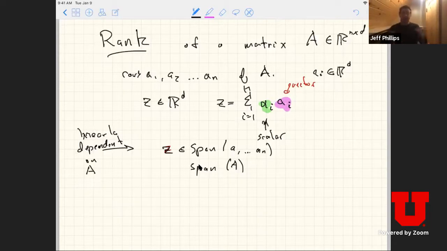Now it could be there are vectors I can't recover. Those would then be linearly independent.